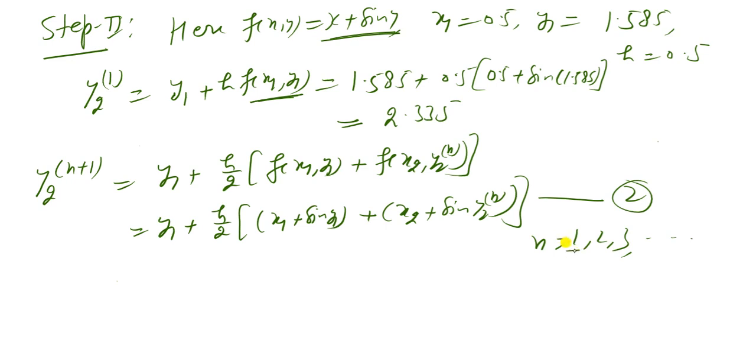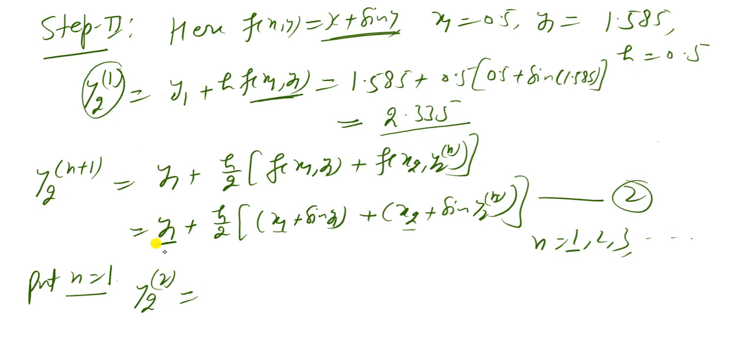That is when we put n is equal to 1, this will be y21 and compute the value of the y21 is equal to 2.335 and put the value of the y21 in equation 2 and remaining values y1, h, x1 and x2 in equation 2 and then simplify with the help of the calculator. Then we obtain the value of y22. That is when we put n is equal to 1 in equation 2, then we obtain y22.